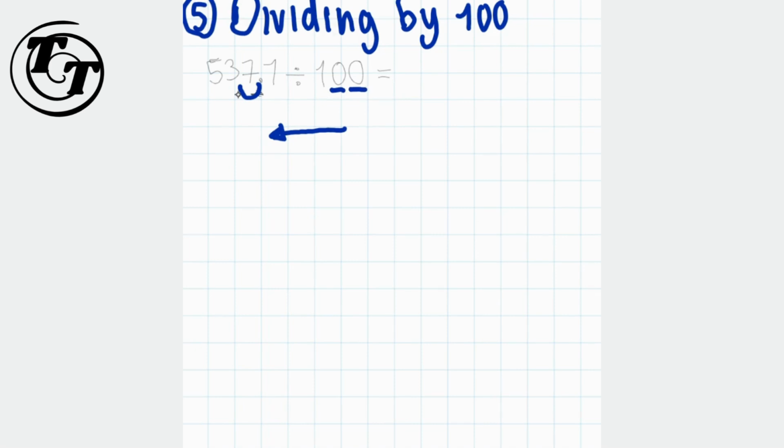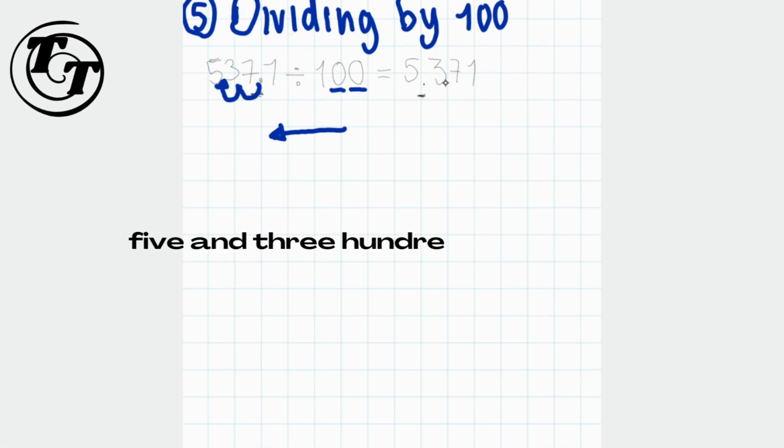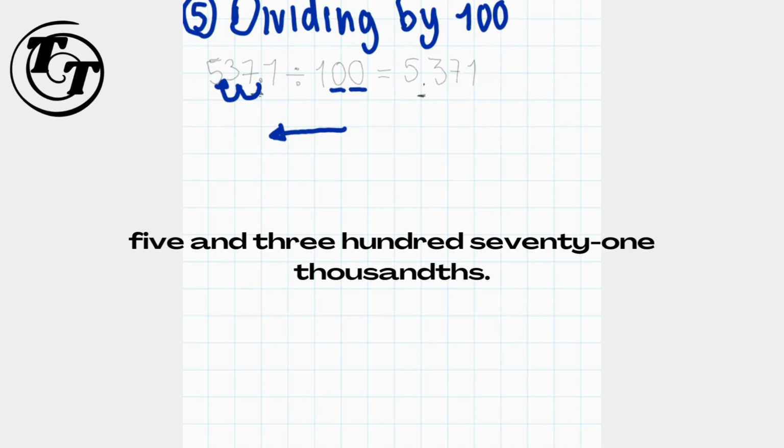Twice. 2 zeros, twice. 1, 2, to the left. And so we see that the decimal point has landed between 5 and 3. So now we've got 5 and 371 thousandths.